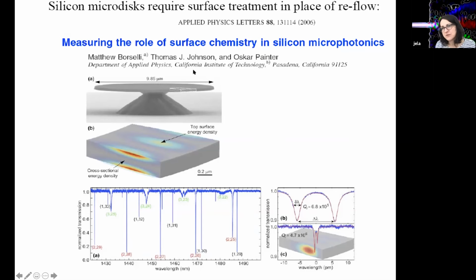Of course, our whispering gallery mode approximation would not allow us to calculate that. The reason why you have an evanescent coupling is because every mode of this disk also has an evanescent tail outside. So the mode of the fiber, which is positioned here, and the mode of the disk would couple to each other, and you would have transfer of the power propagating in the fiber to the disk.